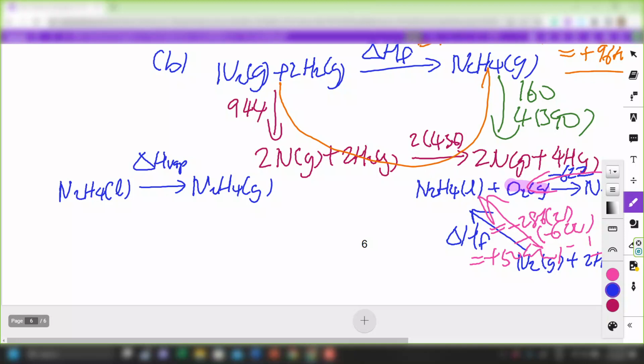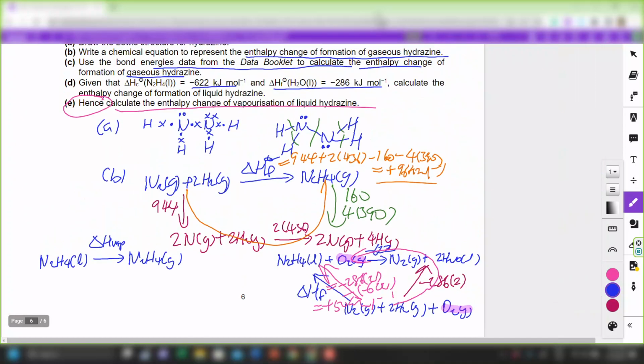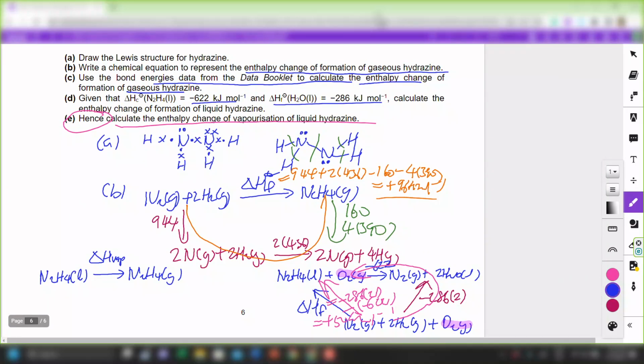Then what data are we provided with, or what are the data available? The data available is the calculated data from part C and D. That is the enthalpy change of formation for gaseous hydrazine, so we know this. Then we also know enthalpy change of formation of liquid hydrazine.